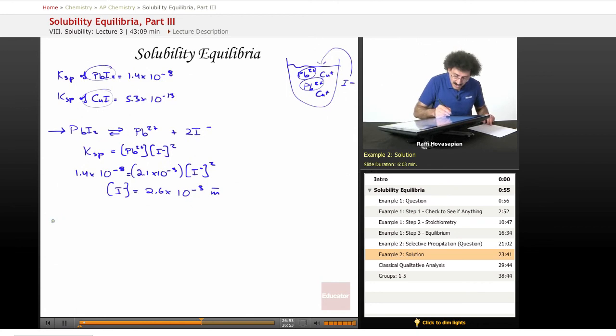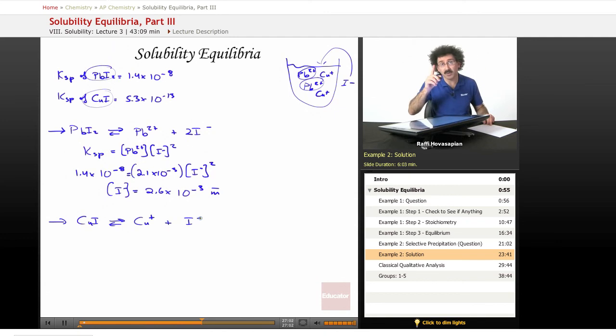Okay, now let's go ahead and do the copper iodide. Copper iodide is going to be in equilibrium with copper plus iodide. Be very, very careful. You have copper plus and copper 2 plus. Make sure you don't mix them up. They're actually different ions, different compounds, different solubilities. Okay, so the KSP for this is equal to 5.3 times 10 to the negative 13. Let me just write out the expression: Cu plus times I minus, each to the first power.